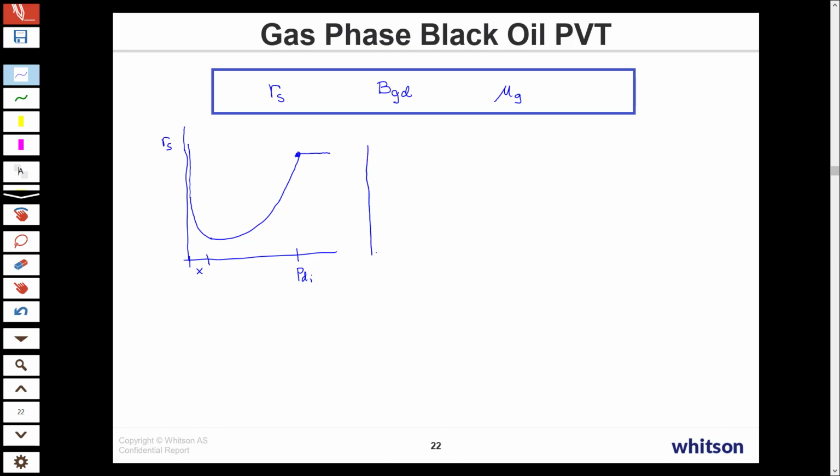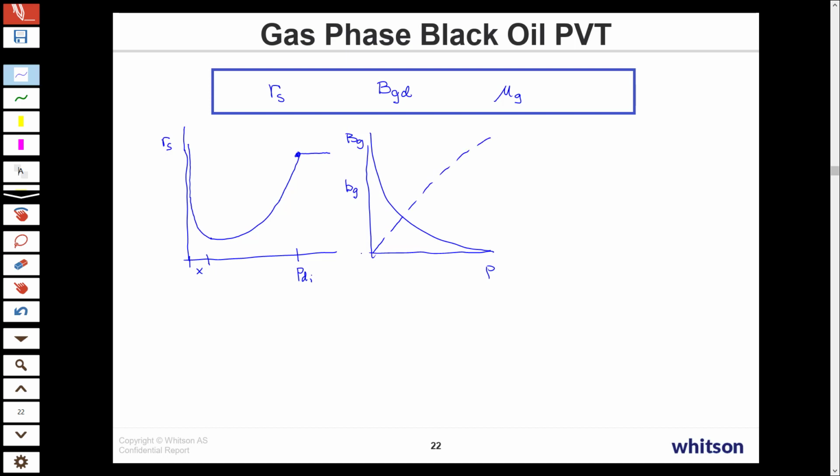Formation volume factor, we plot that versus pressure. BG, because it's inversely proportional to pressure, will look like this, something monotonically looking like that. It's a little bit hard to read. What we normally do is plot instead the inverse of this, which is proportional with pressure, and then we get something that's quite linear, maybe a little bit of turning there, and we're able to read all the values on a linear scale.